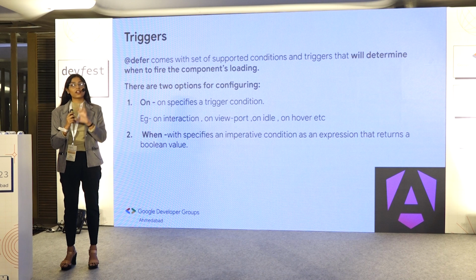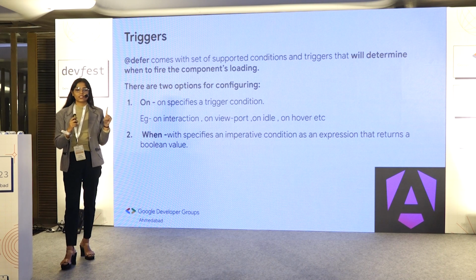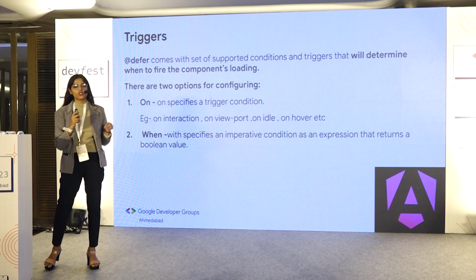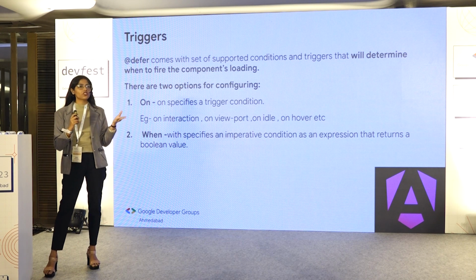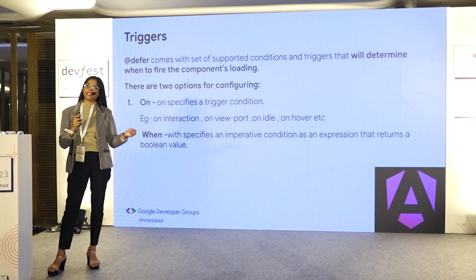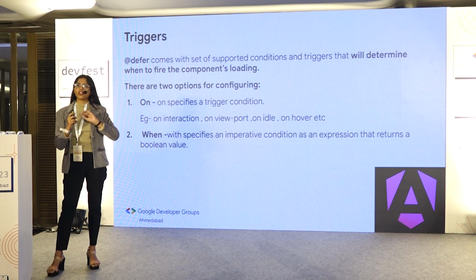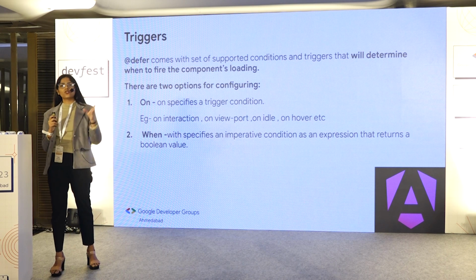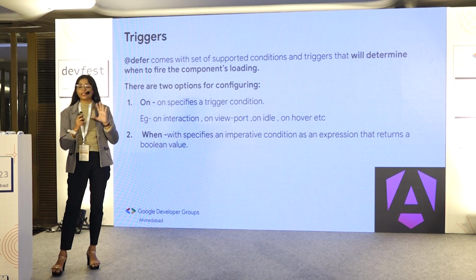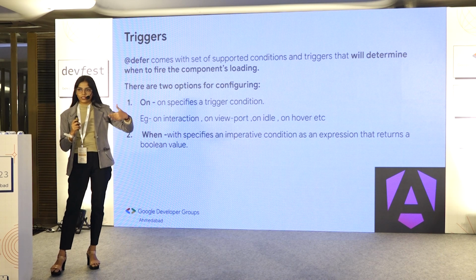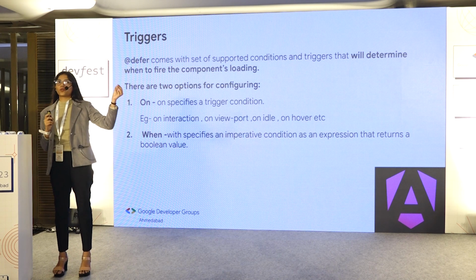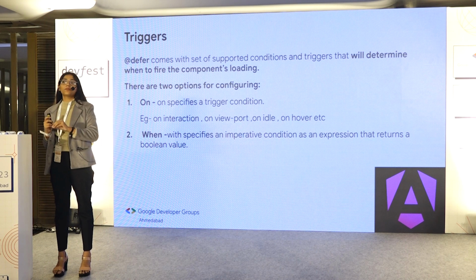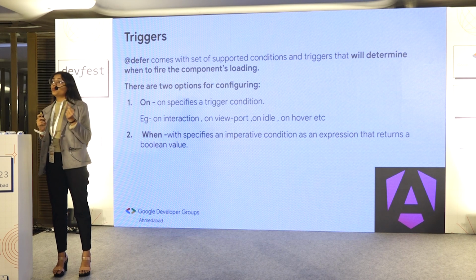Here you can see that there are two options for configuring. First is on, and second is when. So inside on, we are specifying a trigger condition. Like I have mentioned already, if it is in idle state, or on interaction, or any such state, then in that case, you use the on condition. And for another kind of condition, where you want to say that if my specific property is true or false, like you want to give a proper condition, in that case, you will use when, because when returns a Boolean value.